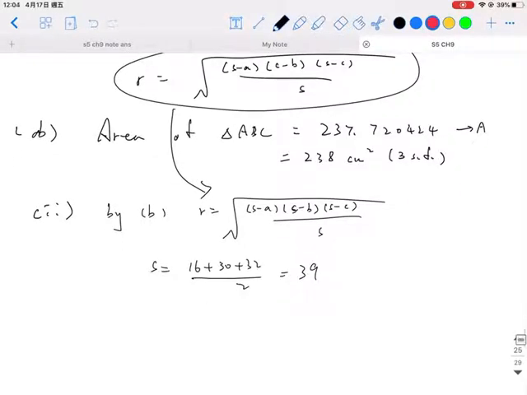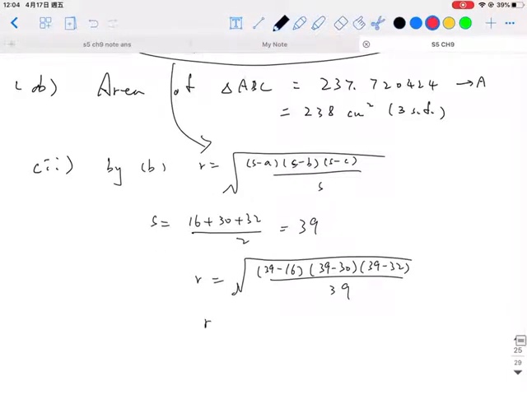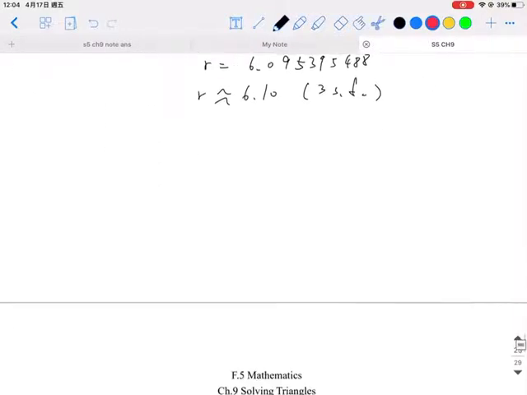And substitute the values of A, B and C. So you can get R is around 6 point something, and we can give the answer in 3 significant figures. Okay, this is C2.